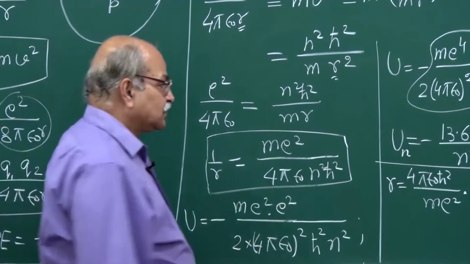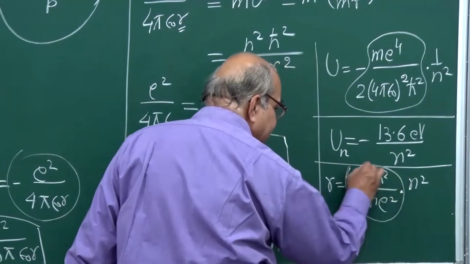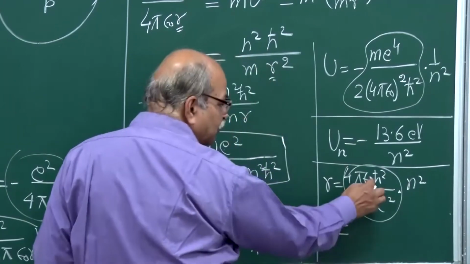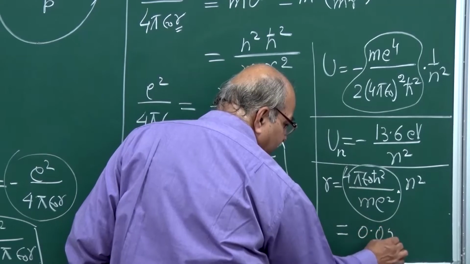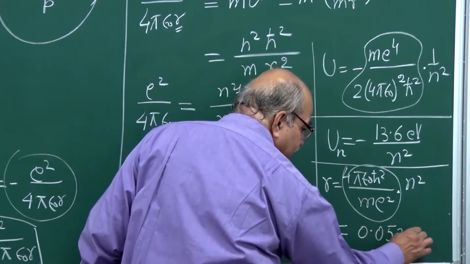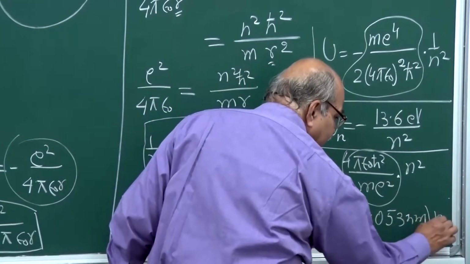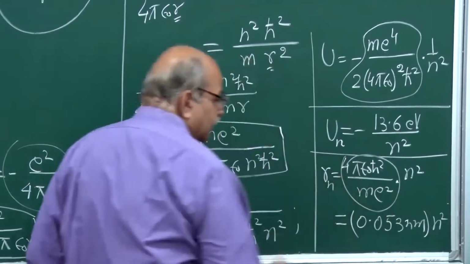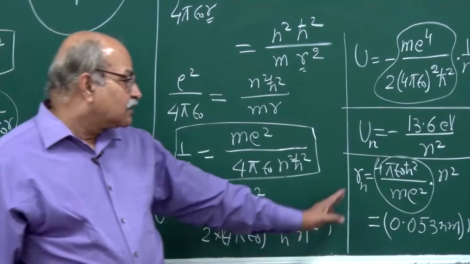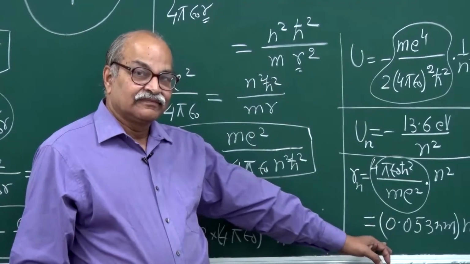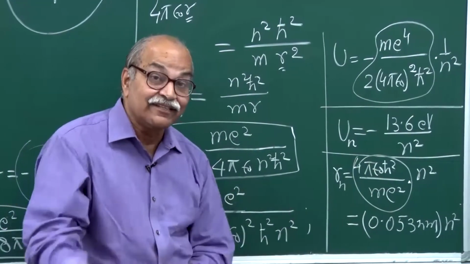So that is R. This is energy and this is radius, and this quantity once again is just a number, and if you put in all those values, that turns out to be 0.053 nanometers times n square. So you can say this is Rn. These are the radii of those special orbits, stationary orbits.